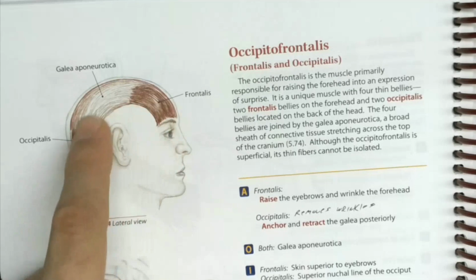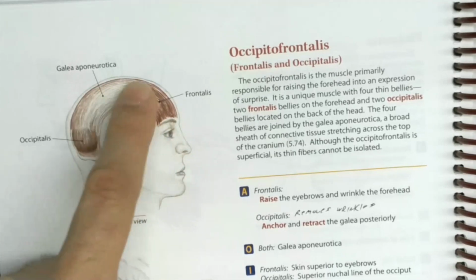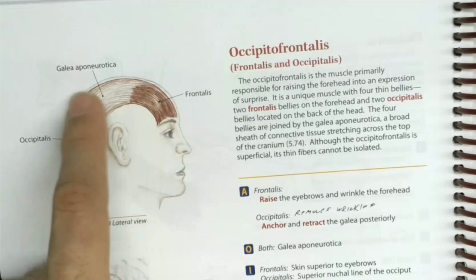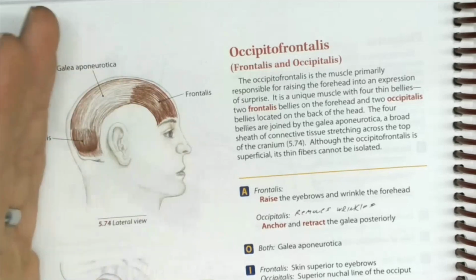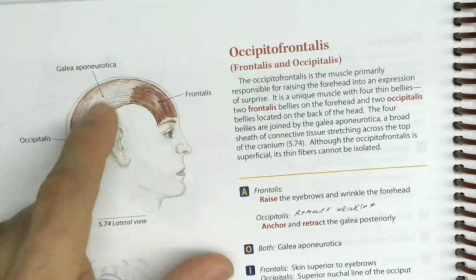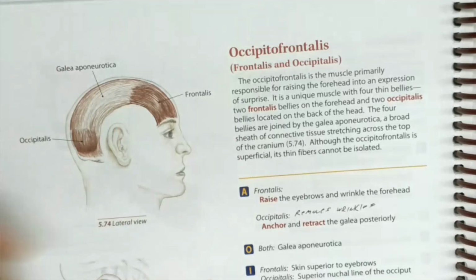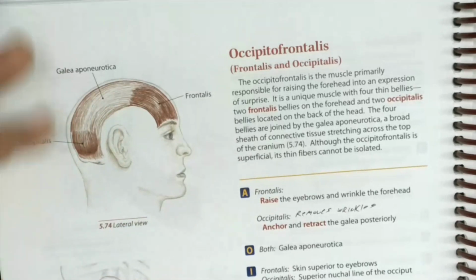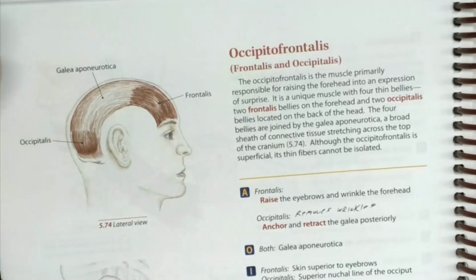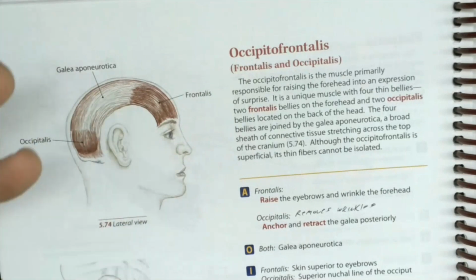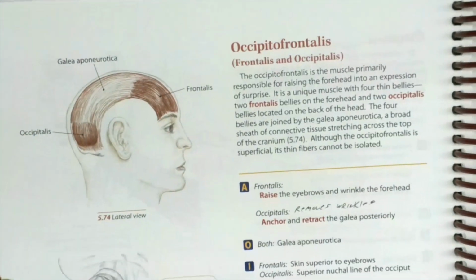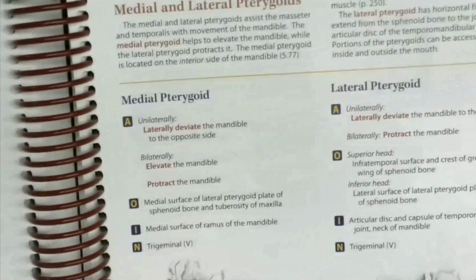And they're both attaching to the fascia here called the galea aponeurotica, which is also often called the epicranial aponeurosis. Epi meaning on top of, cranial referring to the cranium. Aponeurosis is a thin sheet of connective tissue that connects different muscles together and anchors them to bone. So pretty simple, easy muscle here.